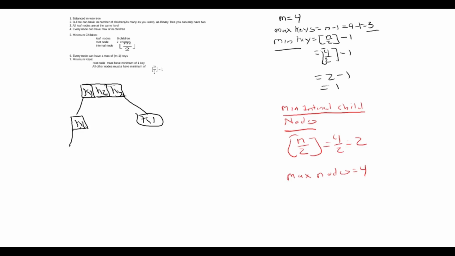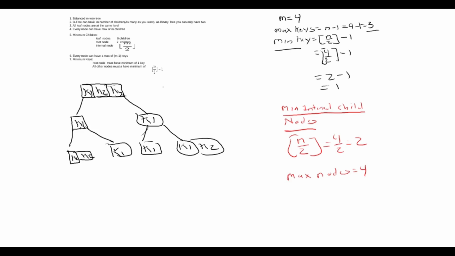And that key must have a minimum of 2 children. So K1, K2, K1, K1, K2.